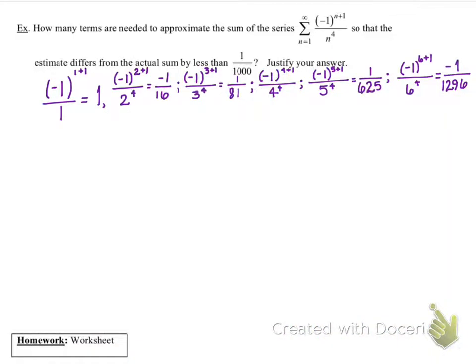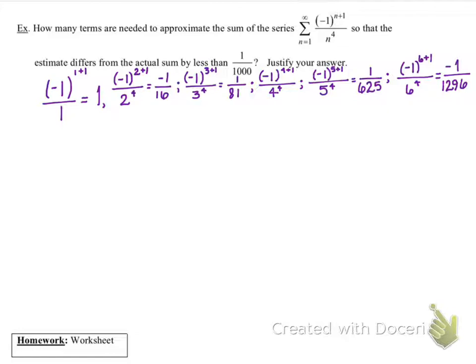So we do the math to find the first 1, 2, 3, 4, 5 terms in the sequence. And then we're going to find the first 4 terms in the series, or maybe less. We shall see.